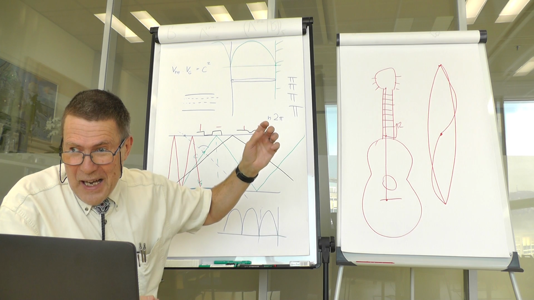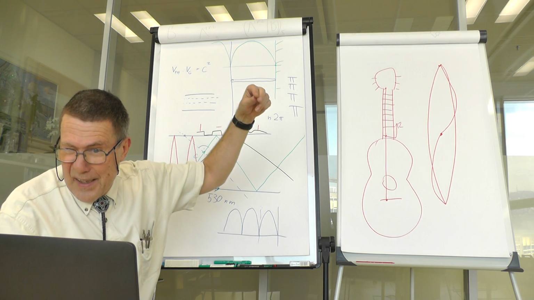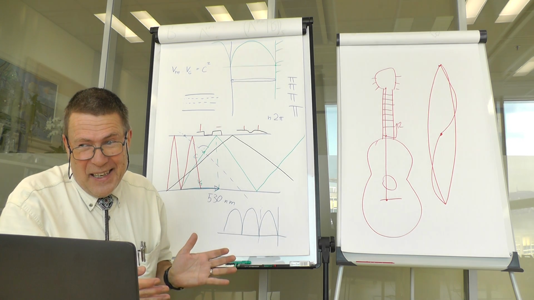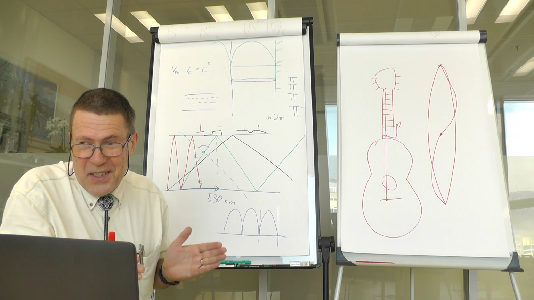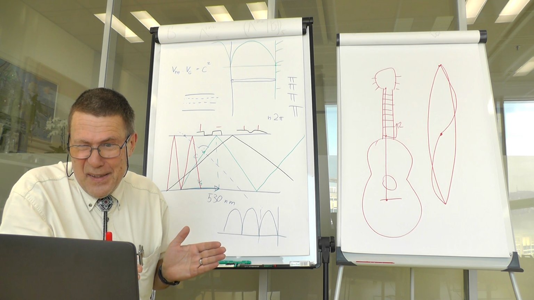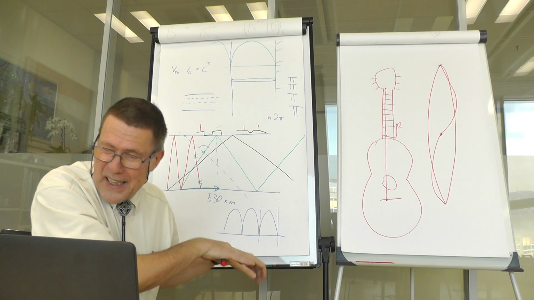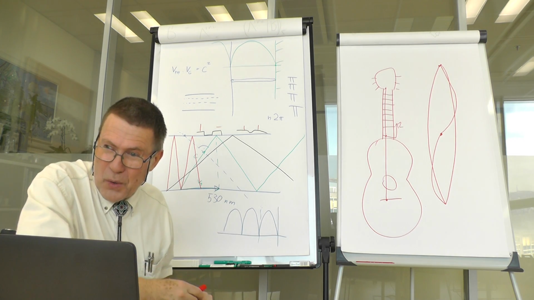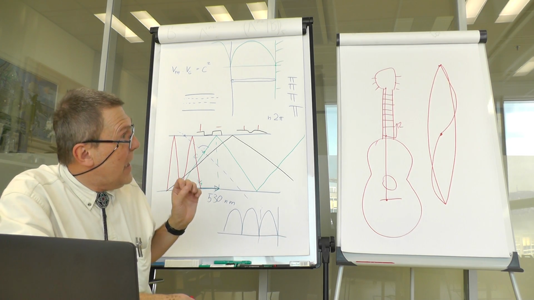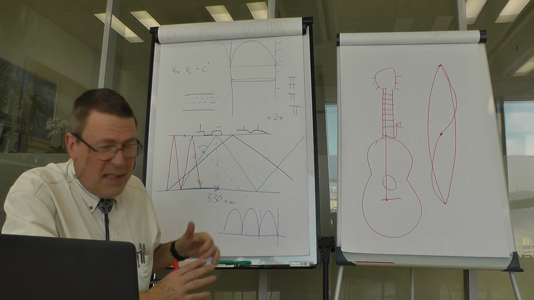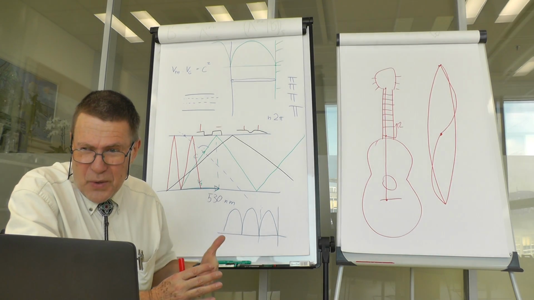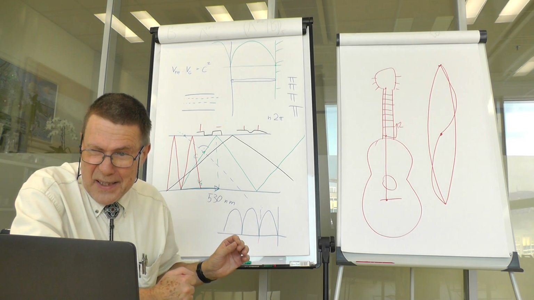May it be a pile of air in an organ. May it be a two-dimensional oscillation like a drum. Then the modes are much more complicated, but still there are modes. And this is not something strange. We are used to that. Modes do exist, we know that.